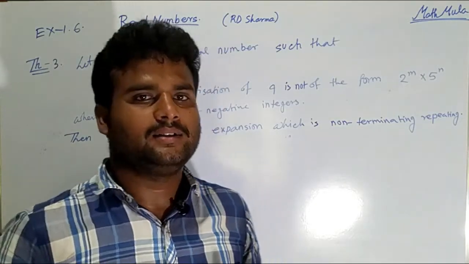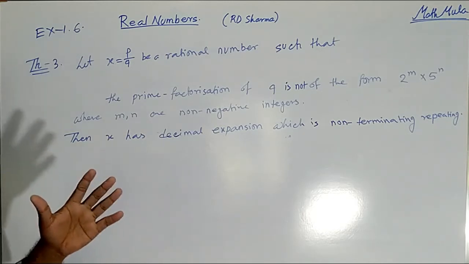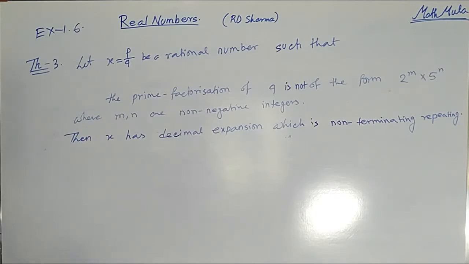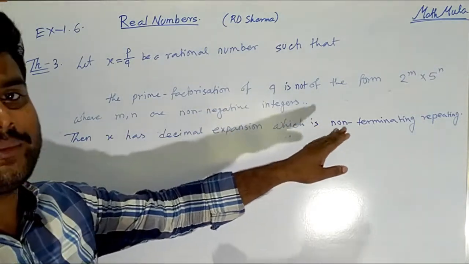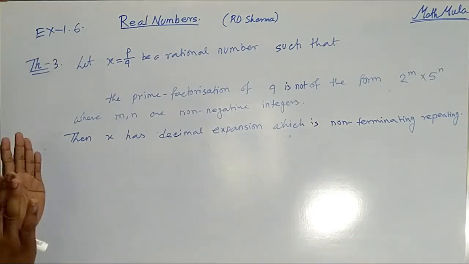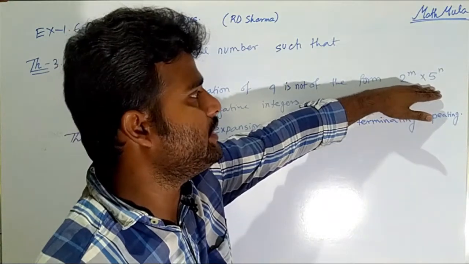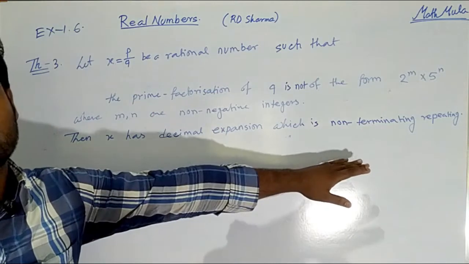Now we learn theorem number 3. Let x equals p by q be a rational number such that the prime factorization of q is not of the form 2 to the power m into 5 to the power n, where m and n are non-negative integers. Then x has a decimal expansion which is non-terminating repeating. That means if the denominator is not in the form 2 to the power m into 5 to the power n, then the decimal expansion is non-terminating and repeating.